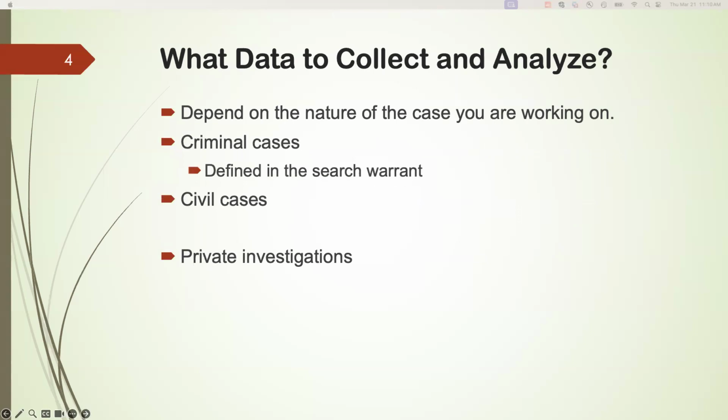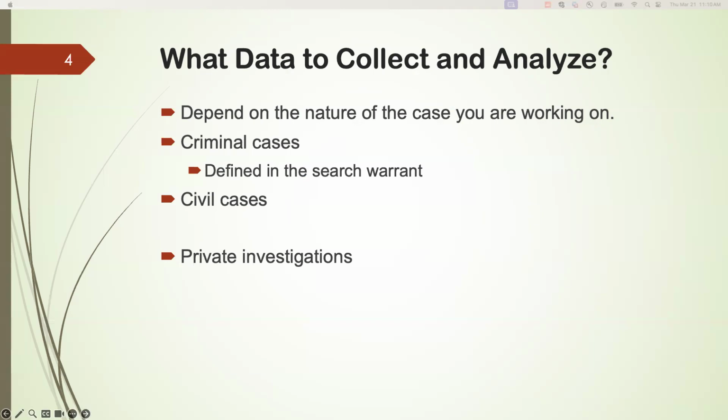If you are working on a criminal case, then you will have a search warrant from the law enforcement, which they get from the court. So what the law enforcement is looking for will be defined in the search warrant.